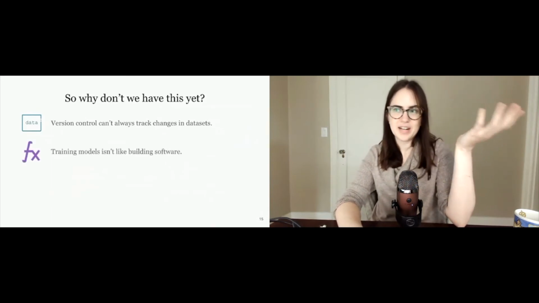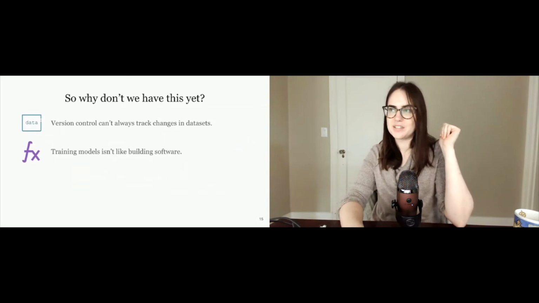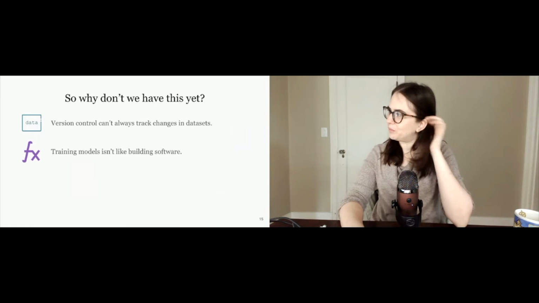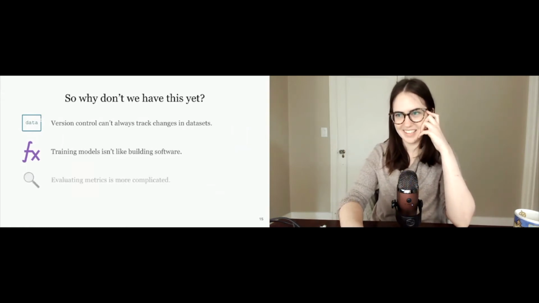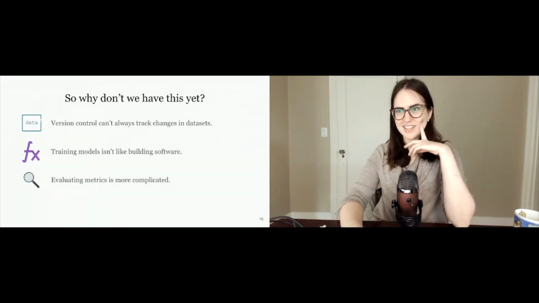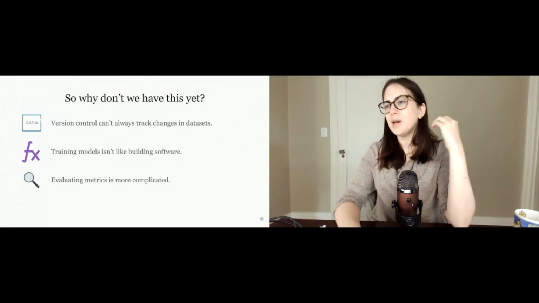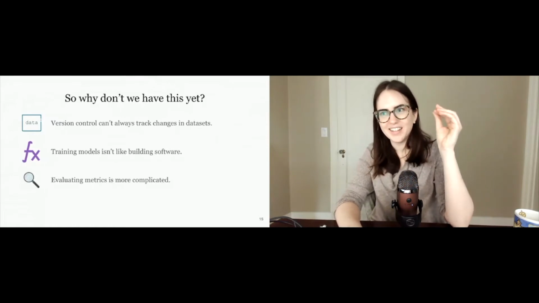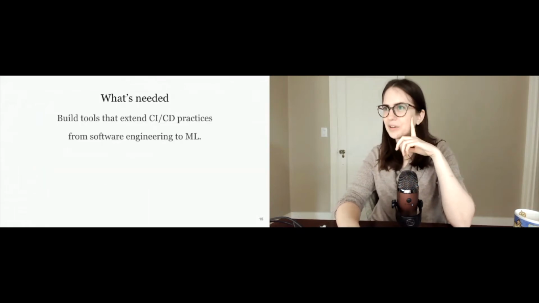Another issue is that training models isn't like building software, right? We've got some potentially specialized hardware, some driver needs here if you've ever tried to set up CUDA. And evaluating metrics is just more complicated. So the pass-fail tests that we're used to are probably not going to cut it if we want to have confidence in the models that we're sending out into the world.